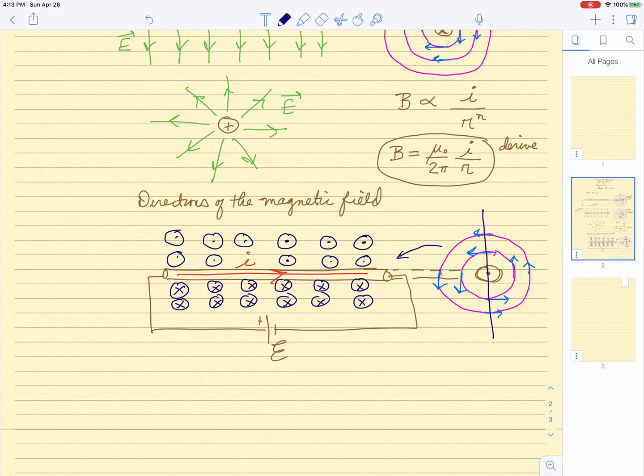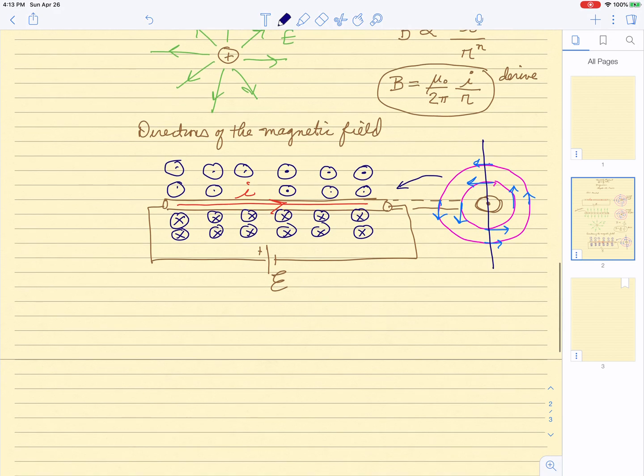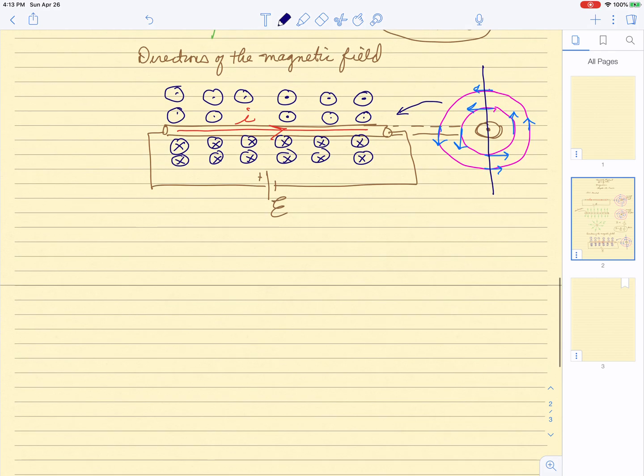So the way this goes is the following, right? The right-hand rule for this, which is different than the right-hand rule that we had for charges moving in magnetic fields.